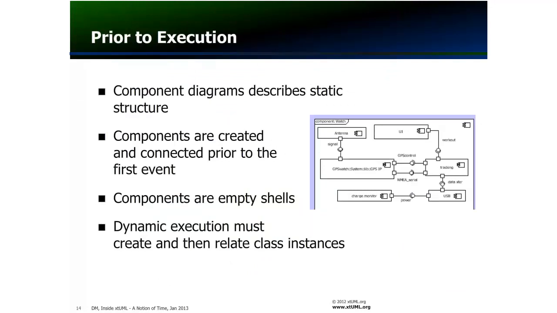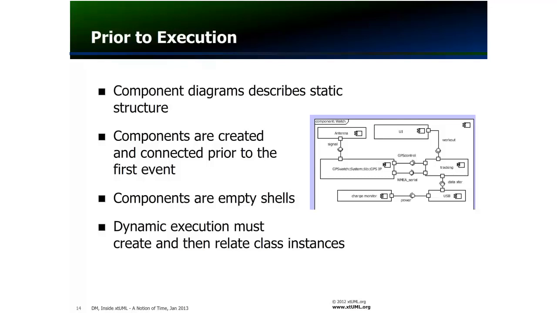Under the xtUML rules of execution, a simulation is split into a system assembly phase and a dynamic execution phase. During the system assembly phase, the top-level system component diagram is defined to be a static structure that is established prior to the arrival of the first event.